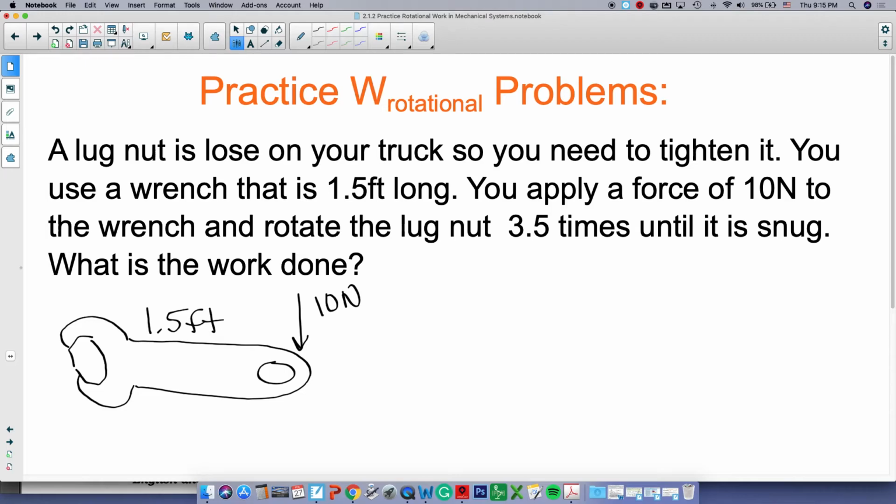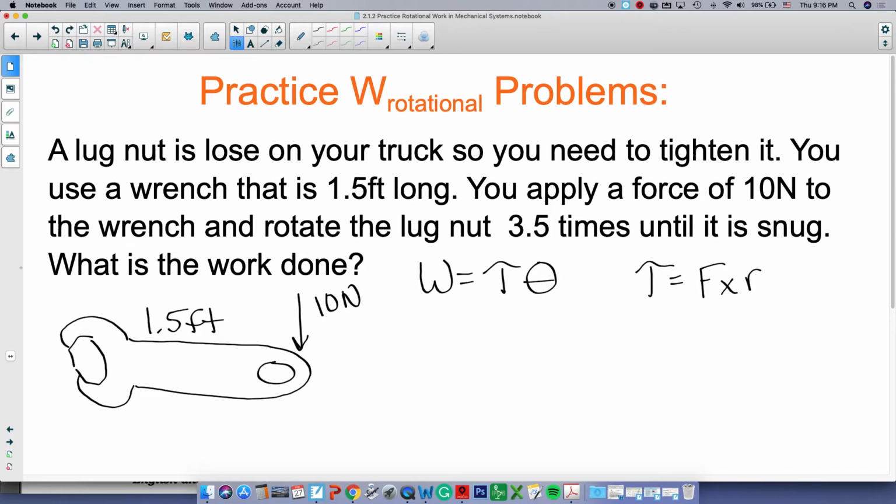Since we're rotating something here, work is going to be torque times theta. I'm going to write off to the side what torque is. Torque is force times lever arm, or radius, the radius of the circle that you're rotating around. And then we can go from there.